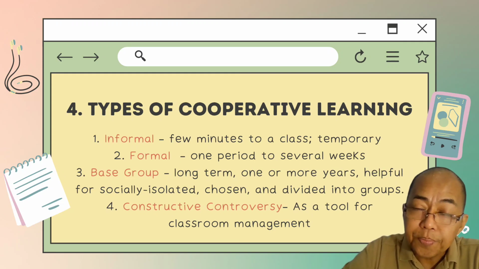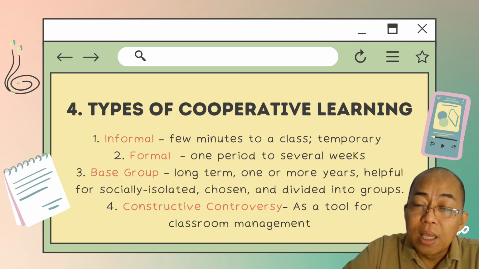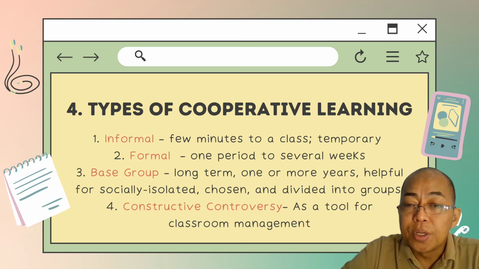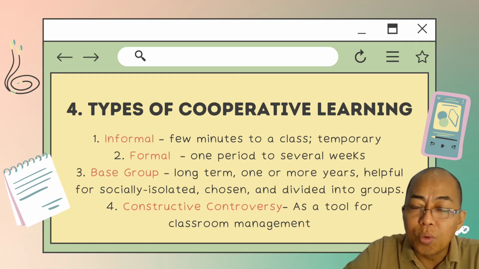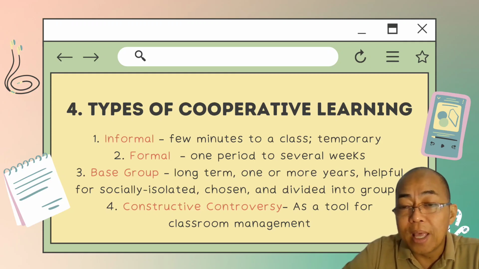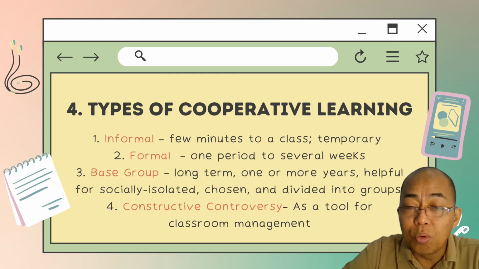So if, let's say, in each learning group you have 10 members, the 10 members will be divided into two groups of five, and they will be assigned to pros and cons.